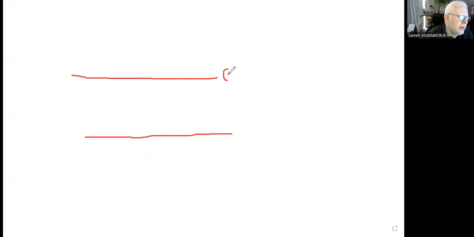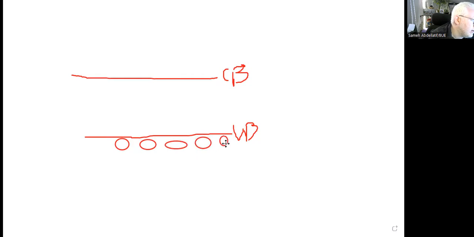Okay, so let's say this is a conduction band and this is a valency band. Principally, at absolute 0 Kelvin, you have some electrons here in the valency band.